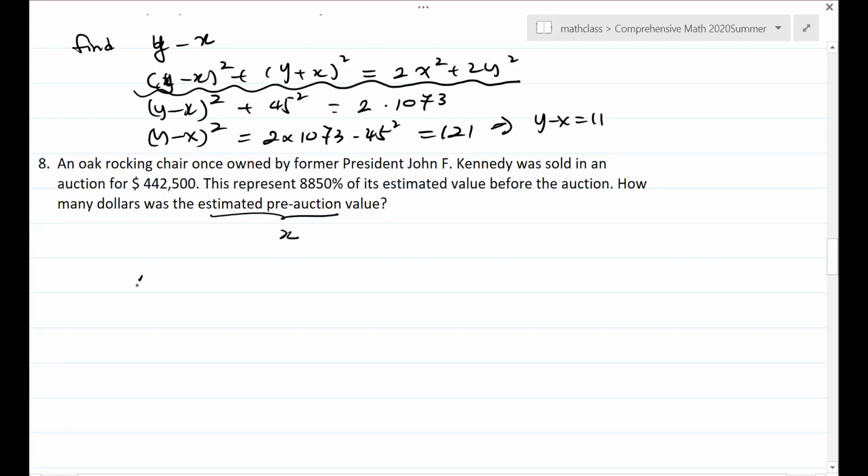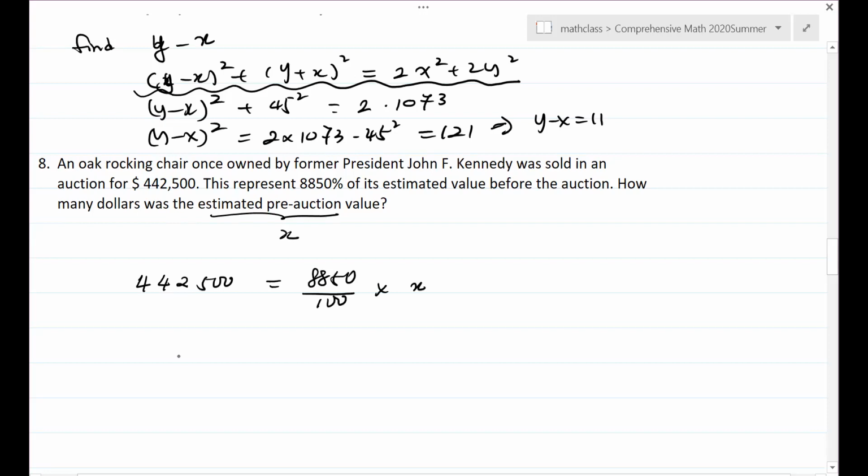So 442,500 should be equal to 8,850, right? Percent. So that means divide by 100 times X. Then you just solve this equation.